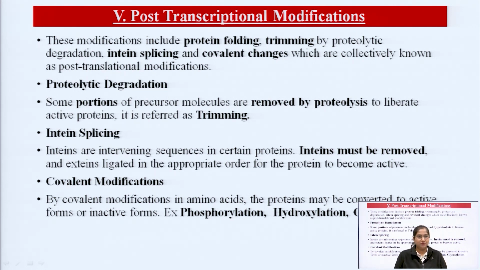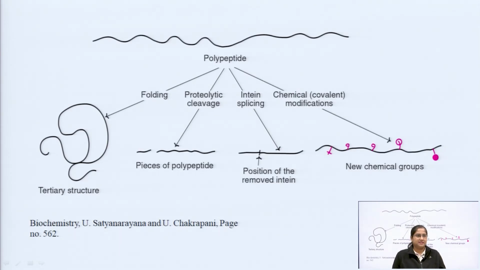Inteins must be removed and exteins ligated in the appropriate order for the protein to become active. Covalent modifications: amino acids in proteins may be modified into active forms, like phosphorylation, hydroxylation and so on. This is the whole structure which shows the post translational modifications.